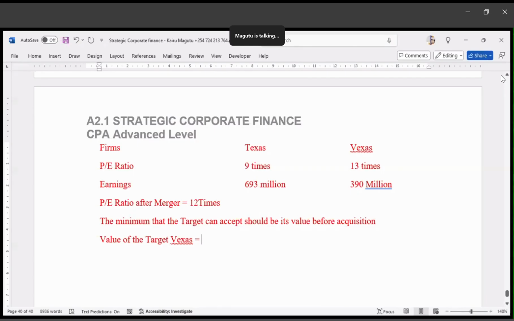So if you want to get the market value, it is equal to the price earnings ratio multiplied by the earnings. We are dealing with the target, Vexas, 13 times 390.